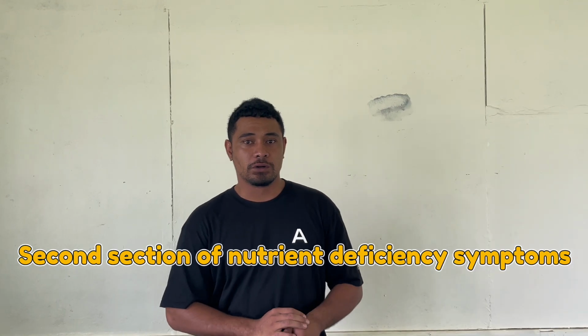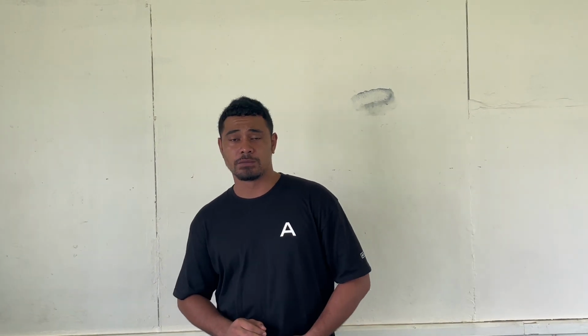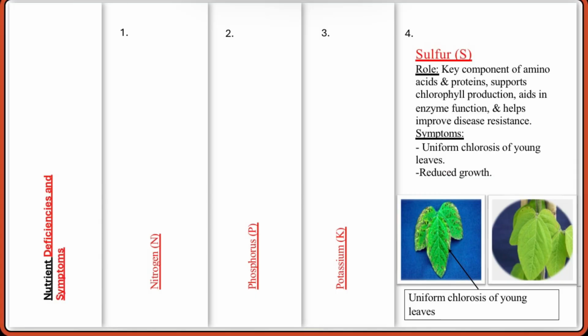To continue on with our presentation, the next nutrient deficiency that I'm going to present is sulfur. The role of sulfur is a key component of amino acids and proteins, supports chlorophyll production, aids in enzyme function, and helps improve disease resistance.